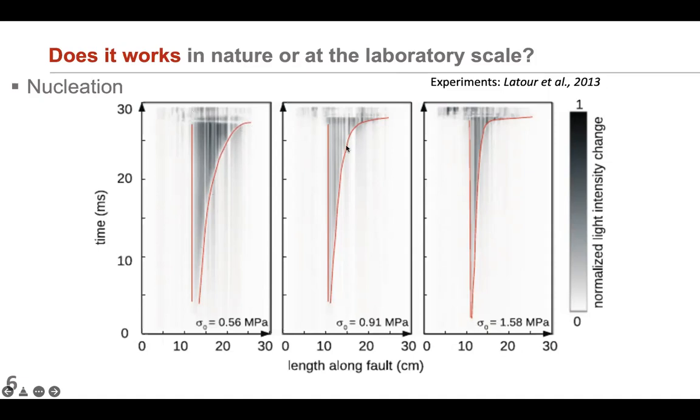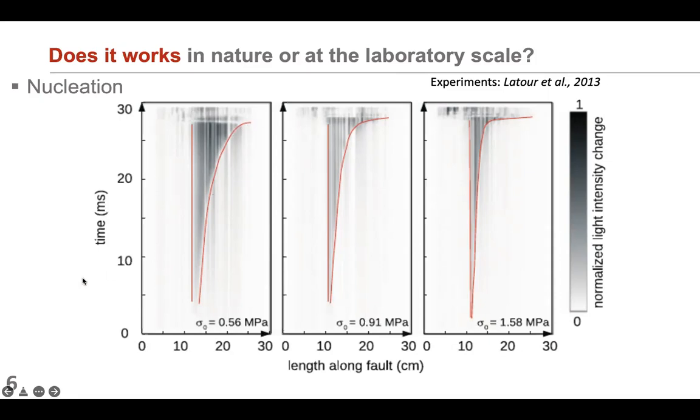propagation. What she observed is that if we increase the normal stress acting on the fault, we shrink, in fact, the nucleation length that corresponds to the critical length at which the rupture starts to propagate very fast.